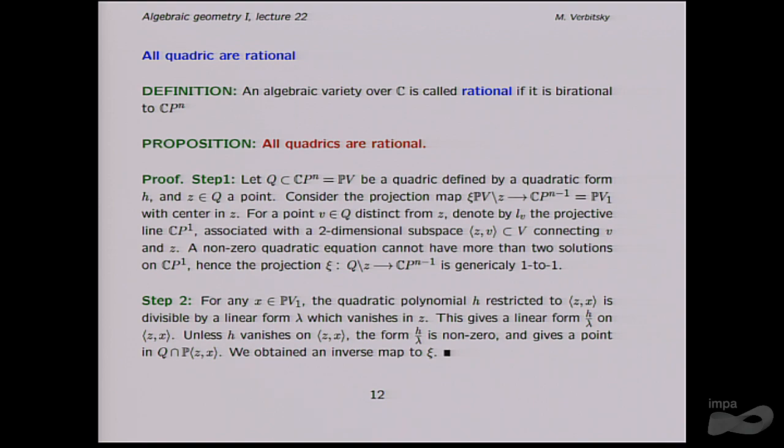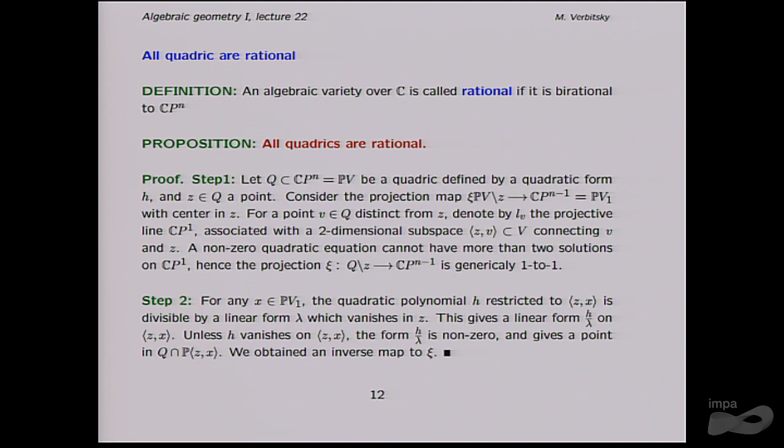I mean, they are equal up to a divisor. And you know that if two varieties become equivalent after removing a divisor, they are birational. Okay, now the claim, or theorem, is it a proposition? Proposition: a quadric is rational.